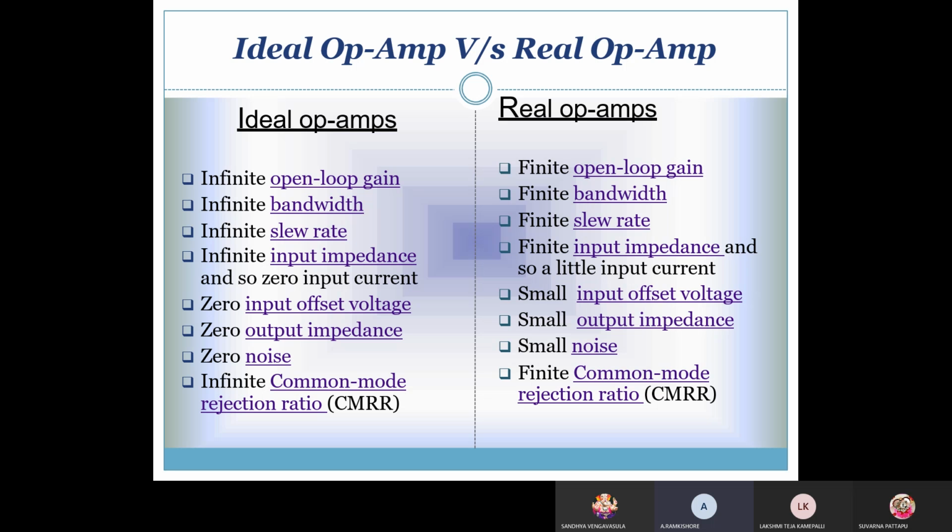So these are the different blocks involved in the op amp. Each stage has a differential amplifier, and each stage amplifies the difference of the signals applied to the op amp.